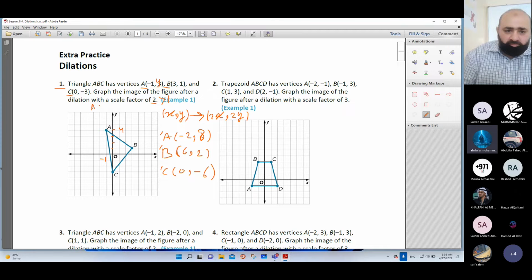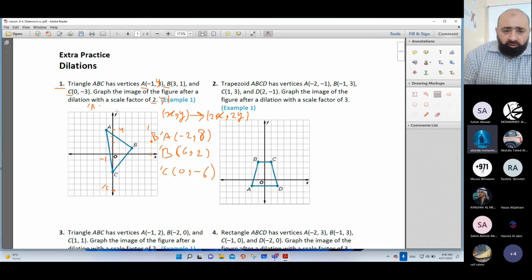This is A prime. B prime is (6, 2). B prime: 6 in the x, 1, 2, 3, 4, 5, 6. (6, 2) will be here. This is B prime. Then C prime: (0, negative 6). Negative 1, negative 2, negative 3, negative 4, negative 5, negative 6. This is C prime.